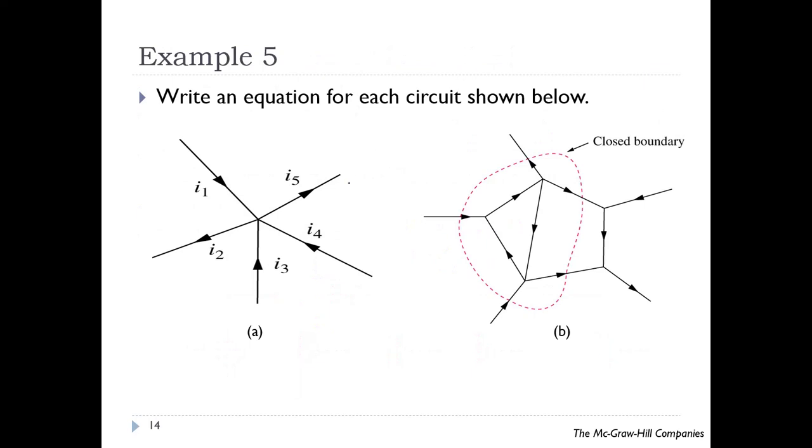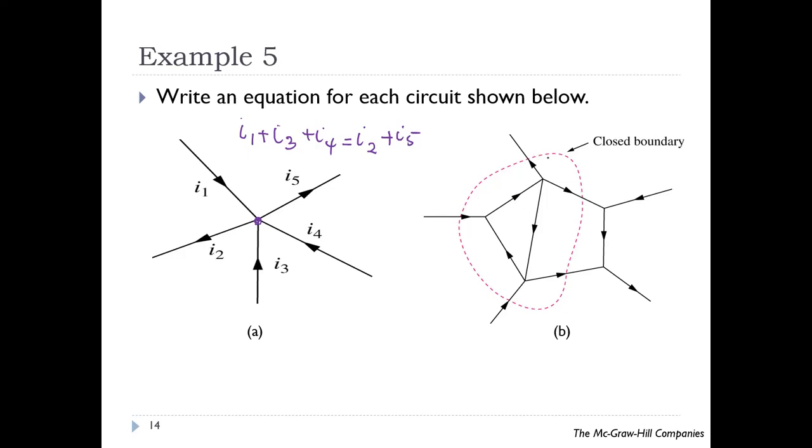Let's write the equation for this node. You have current I1 entering, plus I3 also entering, plus I4 entering, whereas current I2 leaving, I5 leaving, or you can also write equals this one: I1 plus I3 plus I4 equals I2 plus I5.